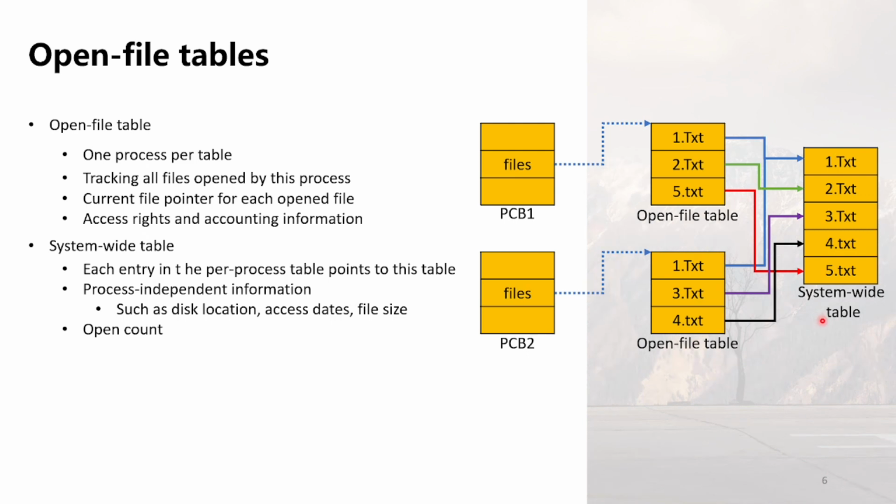The system-wide table includes 5 files: 1, 2, 3, 4, and 5.txt. The lines connecting the open file tables to the system-wide table indicate which actual file the entries correspond to, demonstrating that multiple processes can have the same file open at the same time. For example, 1.txt is opened by both PCB1 and PCB2.